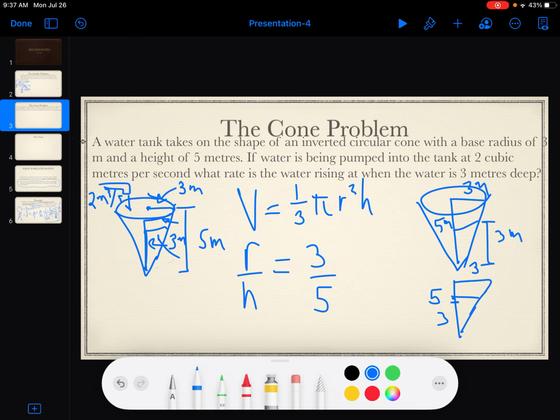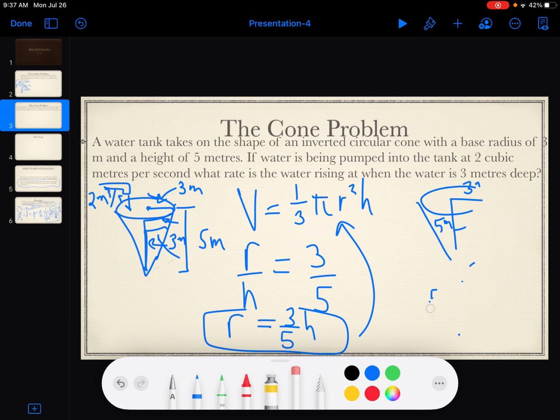Well, we can exploit this and we can say, well, since we don't know R and we don't know dr by dt, and we have two different quantities we're looking for, and we're looking for dh by dt, what we can do is we can say R is equal to 3 over 5 h. And we can substitute this equation into our original equation, our volume equation.